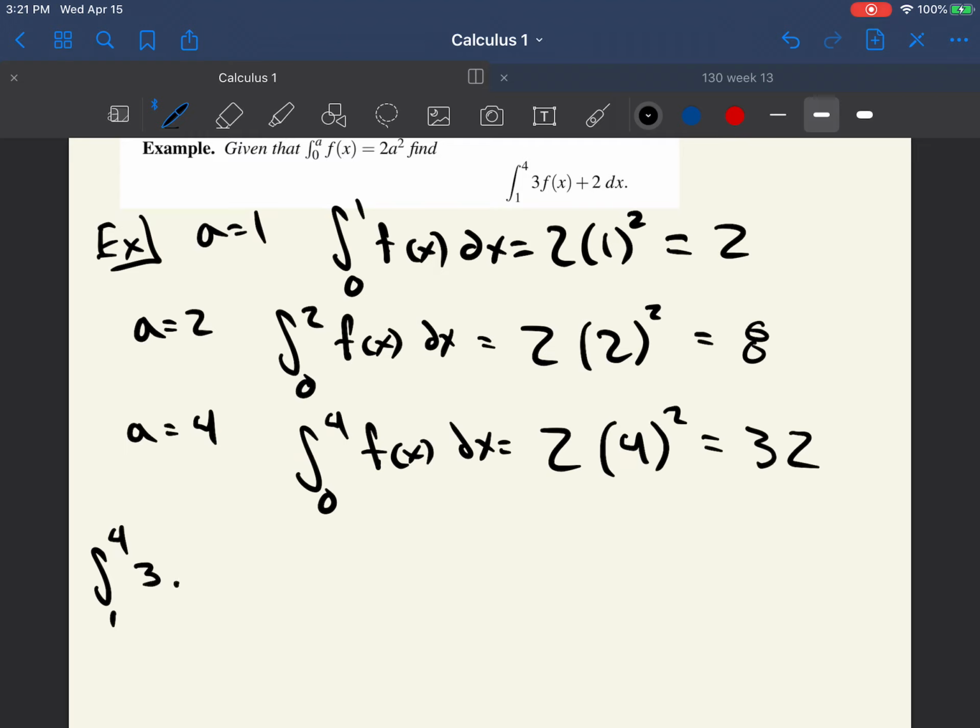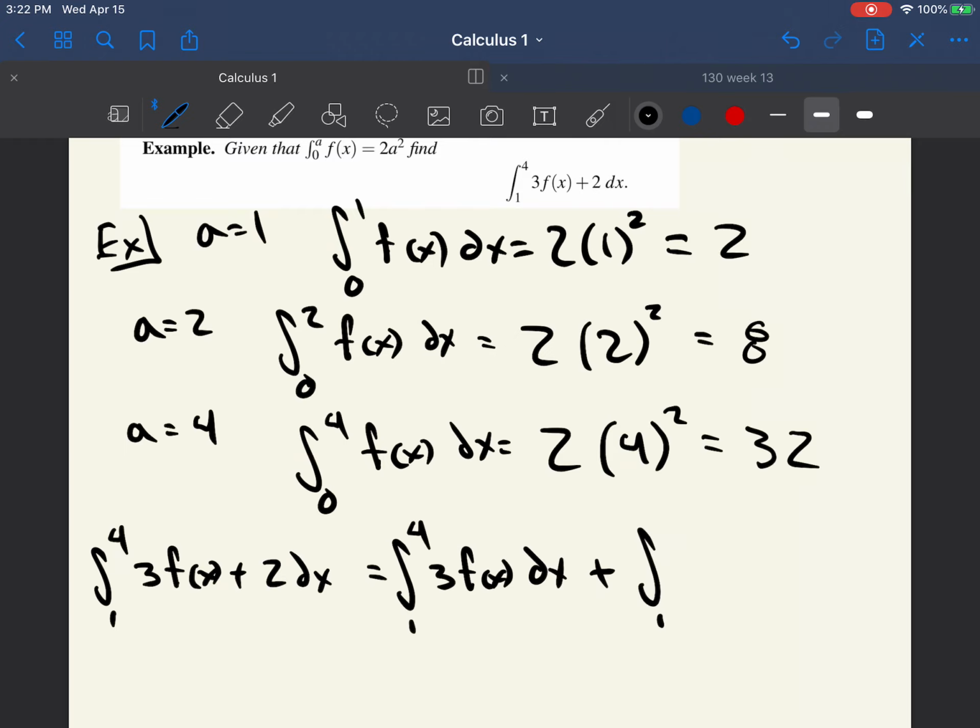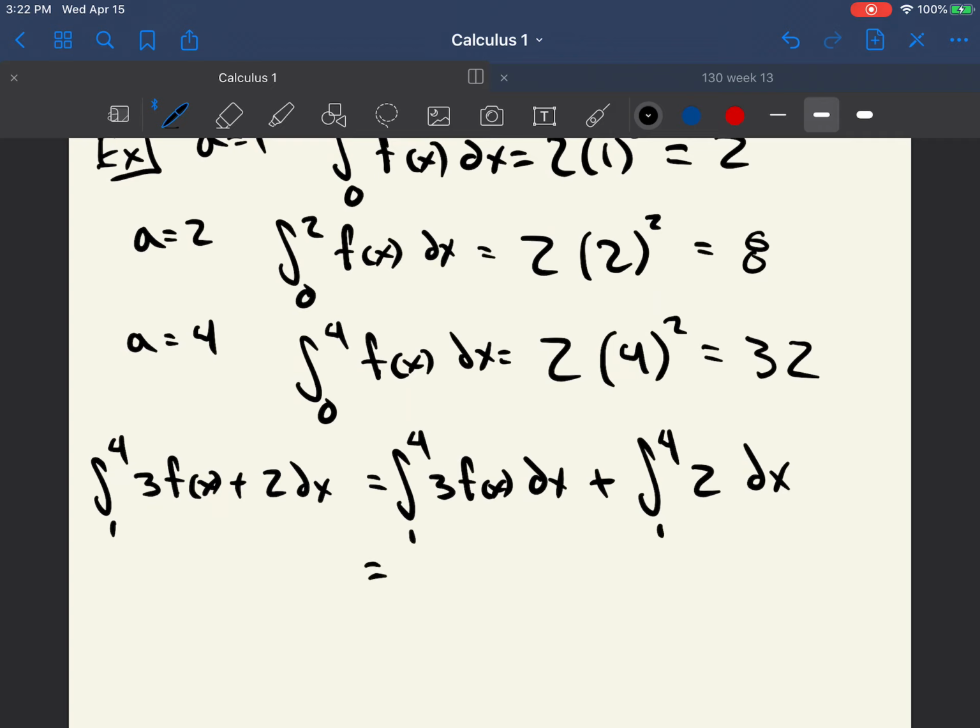So if we look at the integral from 1 to 4 of 3 f of x plus 2 dx, rule number 4 of integrals says that we can split this up into two pieces, right? We have this plus this. So this is the same as the integral from 1 to 4 of 3 f of x dx, plus the integral from 1 to 4 of 2 dx.